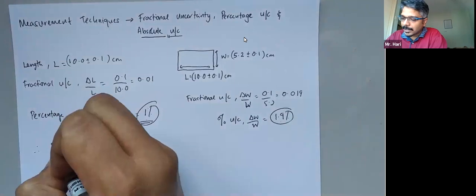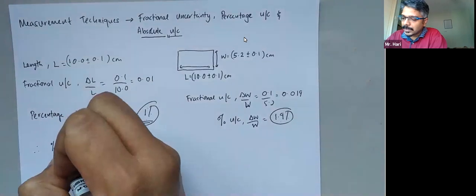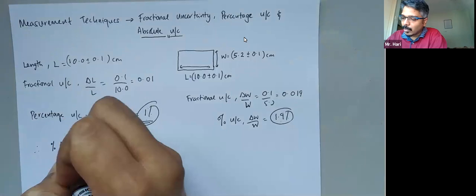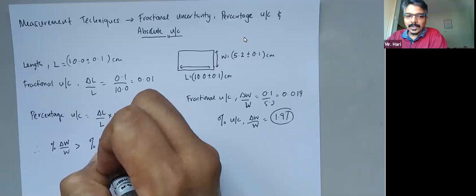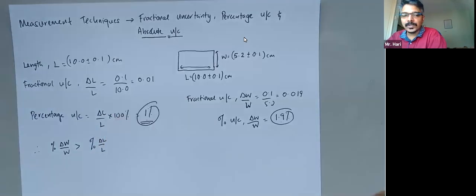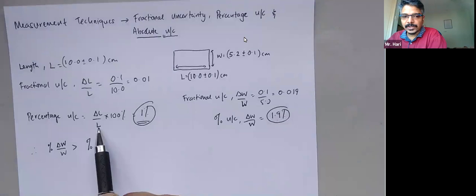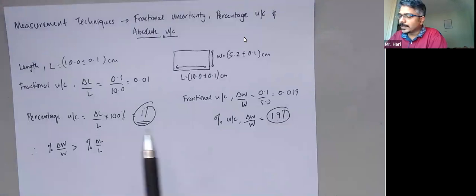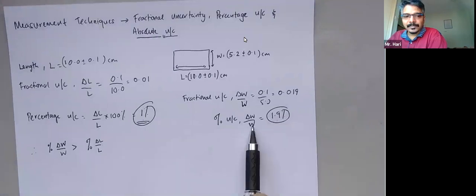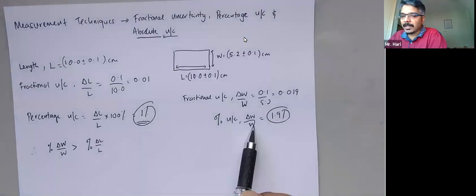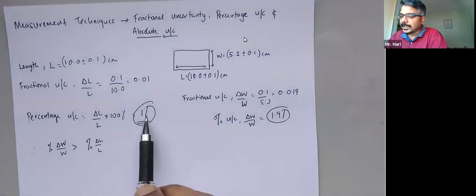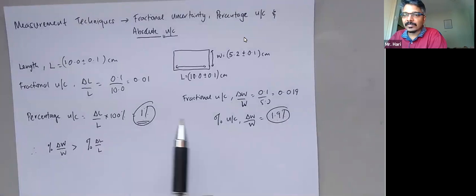The reason is because of the range. The length has a bigger range compared to the width, hence making the percentage uncertainty of the length lesser than that of the width.